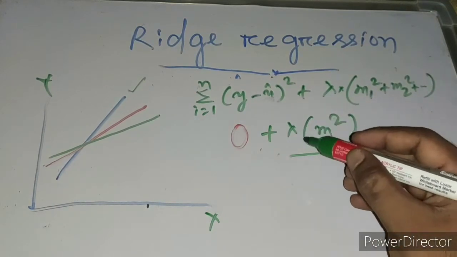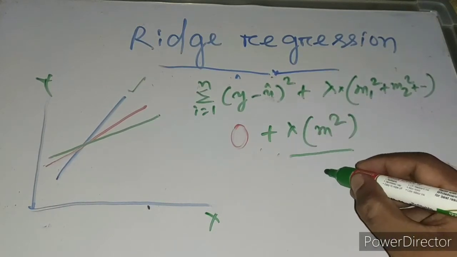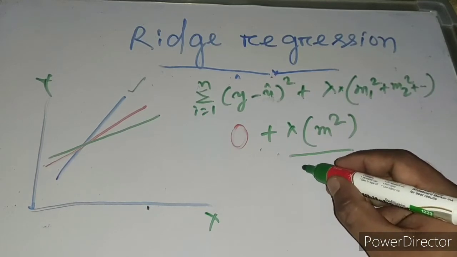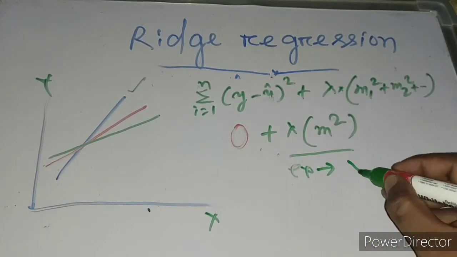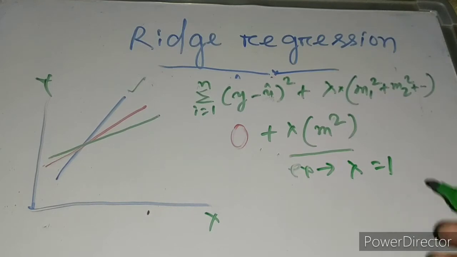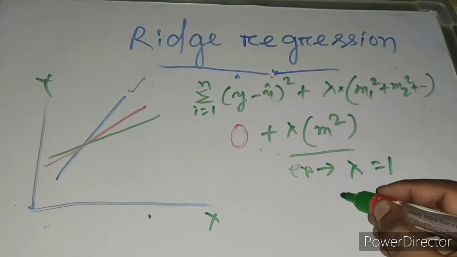Here lambda value is taken very small. Suppose as an example we are taking lambda equal to 1, and m value as 1.2.